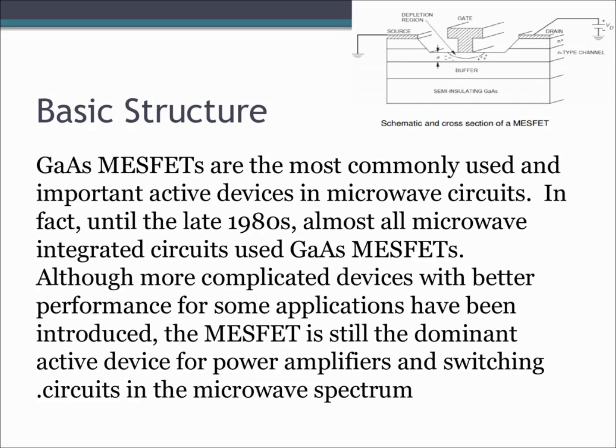Although more complicated devices with better performance for some applications have been introduced, the MESFET is still the dominant active device for power amplifiers and switching circuits in the microwave spectrum.